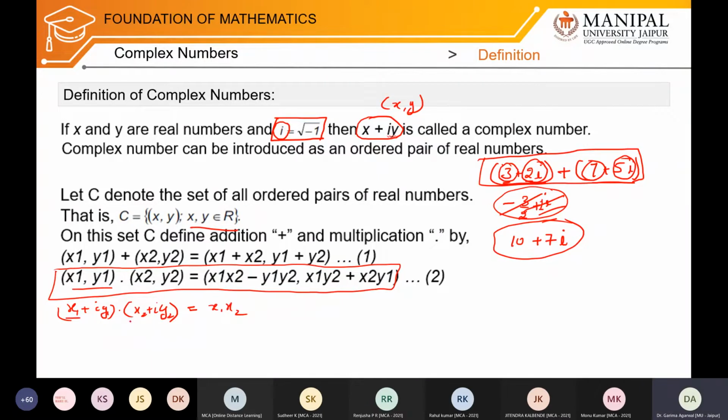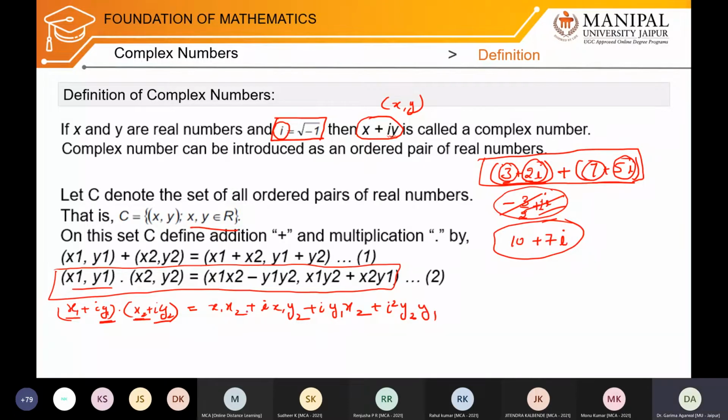We will multiply these terms: x1 x2, then x1 y2 with iota, then y1 times x2 with iota, then iota y1 into iota y2, right?